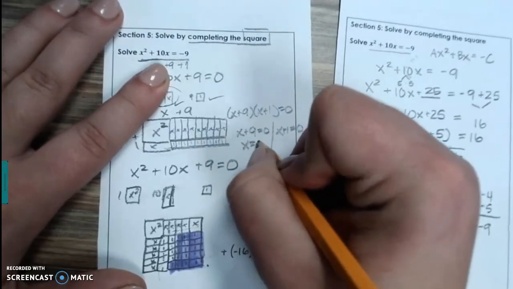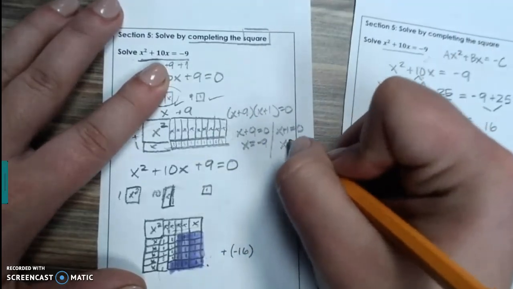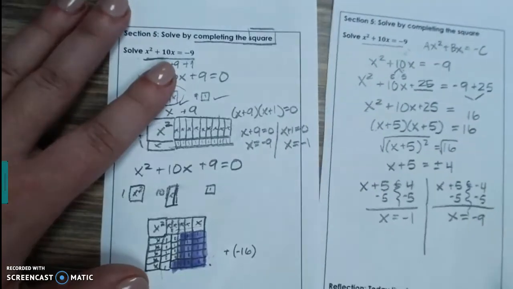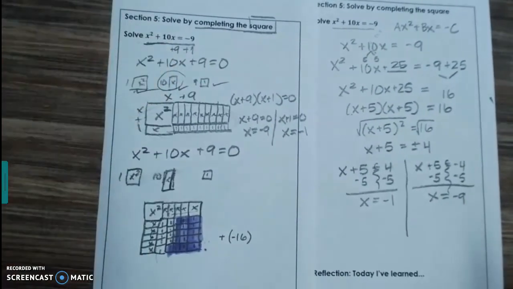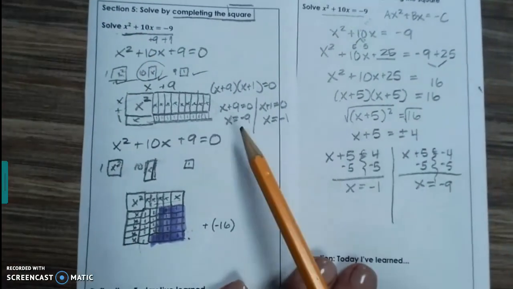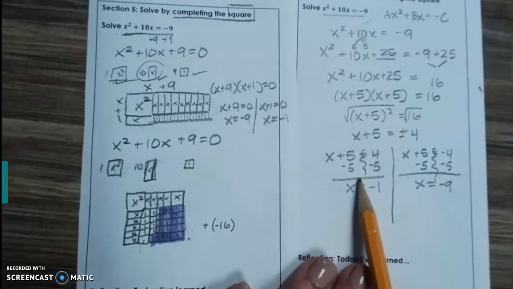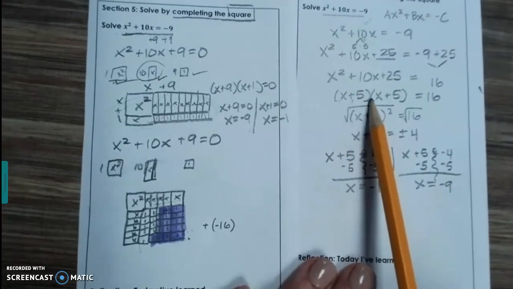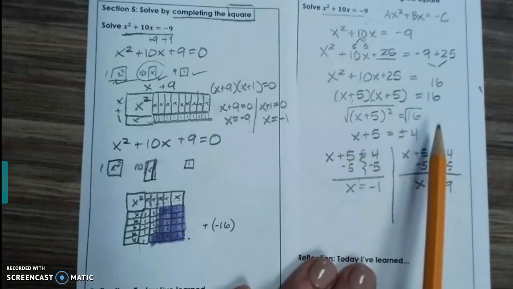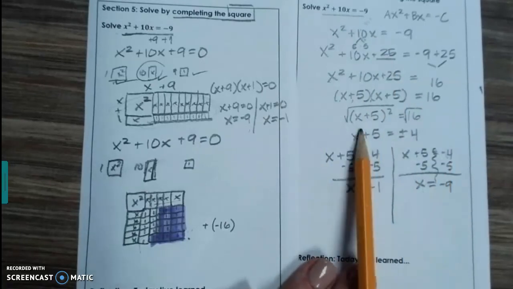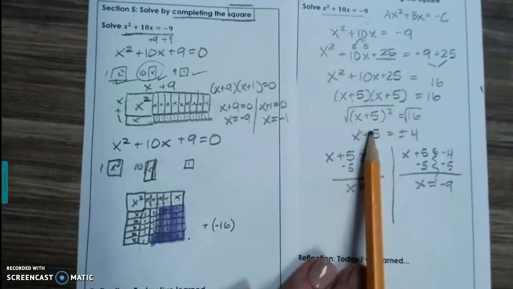When I solve, I would get x equals negative 9 and x equals negative 1. If you notice, these solutions are the same as these solutions. Completing the square is an alternative to factoring that works every single time.